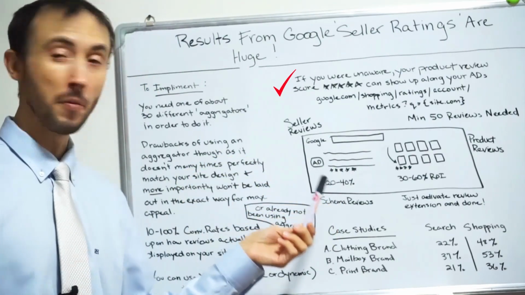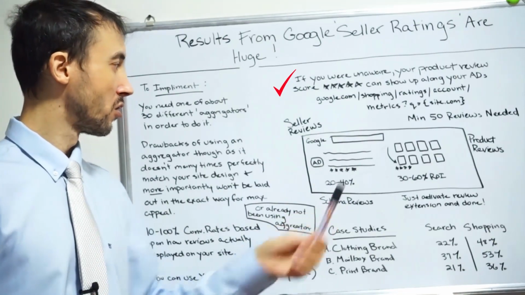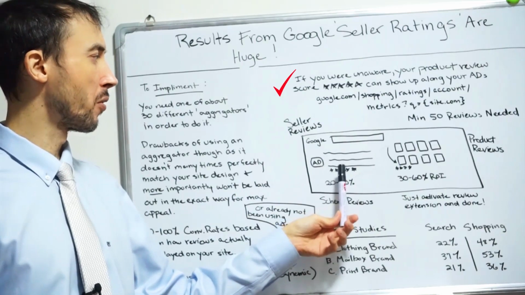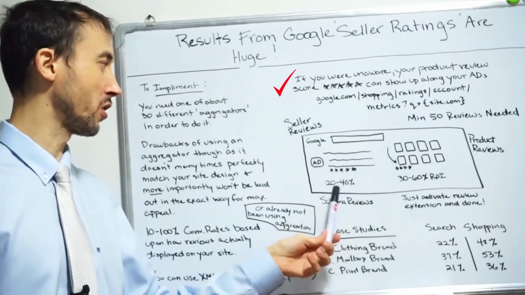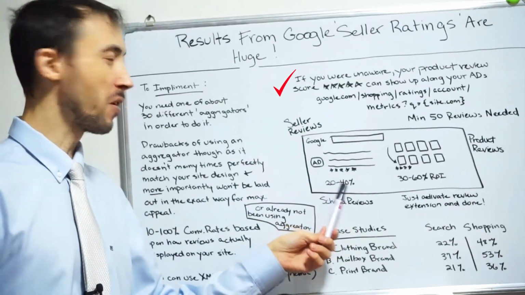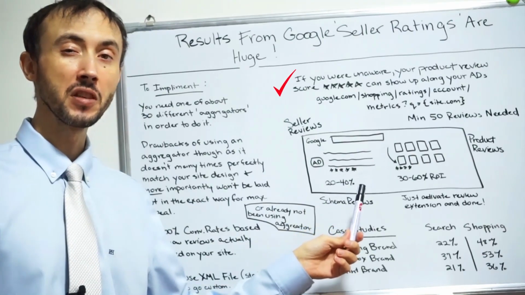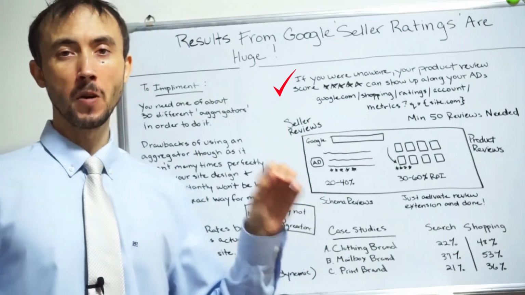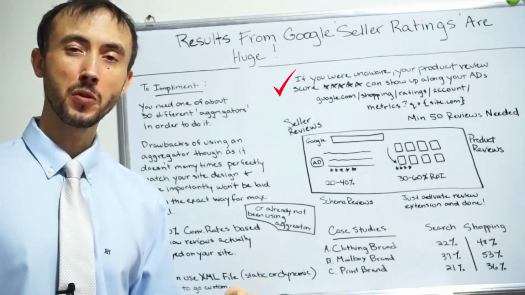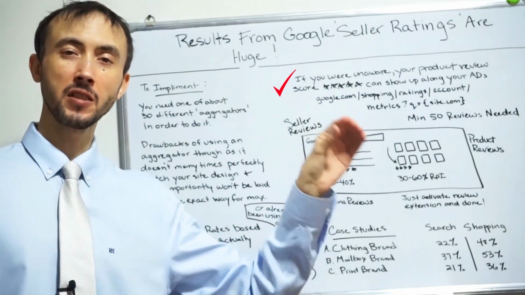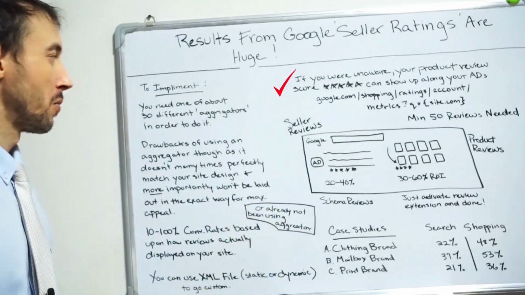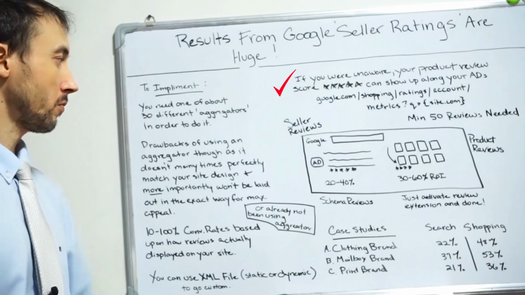From then on, your Google stars will start showing up along with all your Google search ads, which will increase the profitability of your ads by a good 20 to 40%, because it increases click-through rate, which affects quality score, which reduces your cost per click. You'll get more clicks that are profitable, and they'll cost less at the same time because you have higher click-through rates.